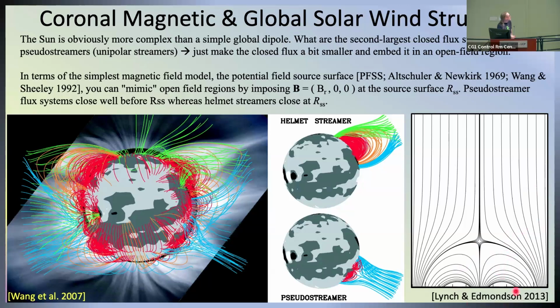So what do you think would happen if I basically increase the field strength of this closed field system? Like, what would happen to these field lines and how would they interact with these field lines? Anybody have a guess?